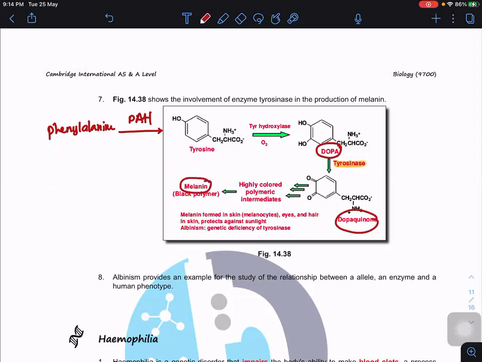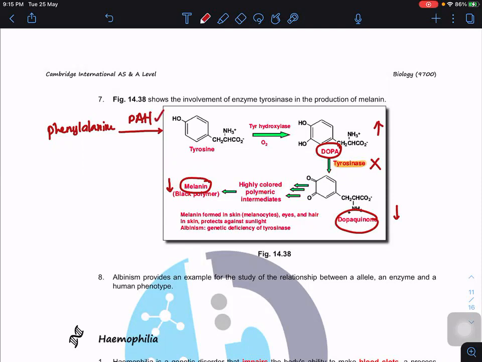So if the enzyme tyrosinase malfunctions or can't function, you can see that DOPA concentration is high, but dopaquinone decreases and melanin also decreases. Therefore, again, it will result in low skin pigmentation. But in this case, the albinism won't cause mental or intellectual disability because PAH still functions.